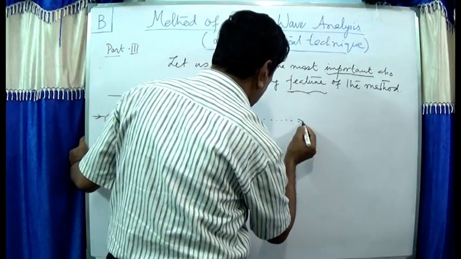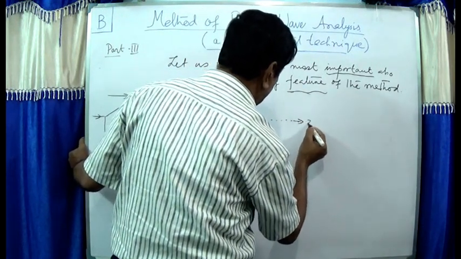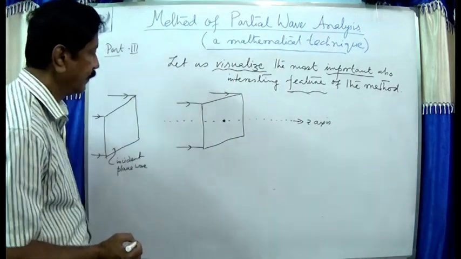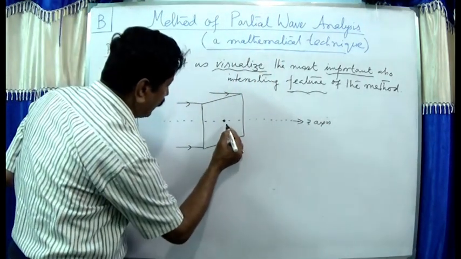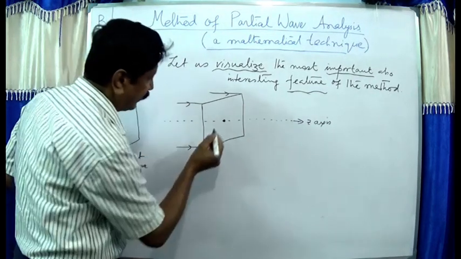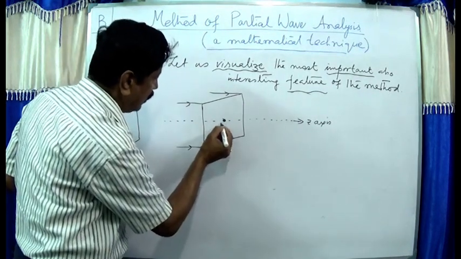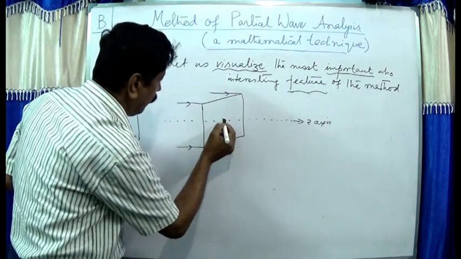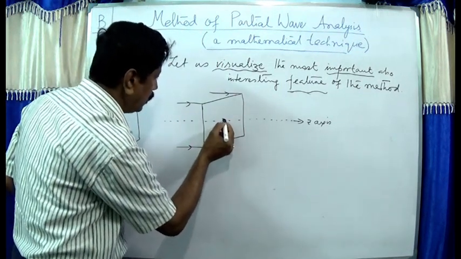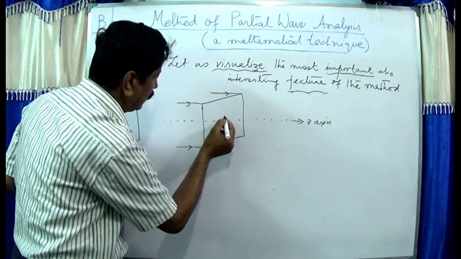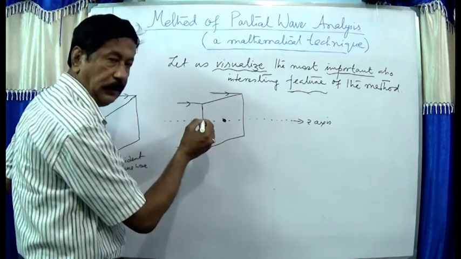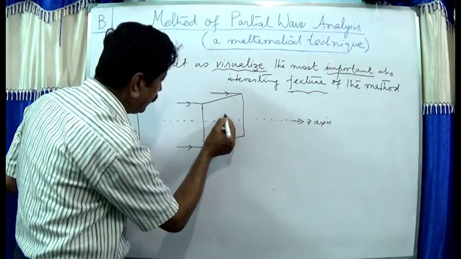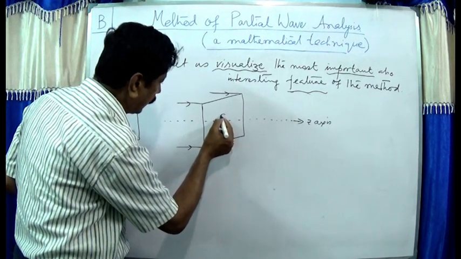That means it is your z-axis, and this is the position of the scatterer. Now let us draw some concentric circles around the center.